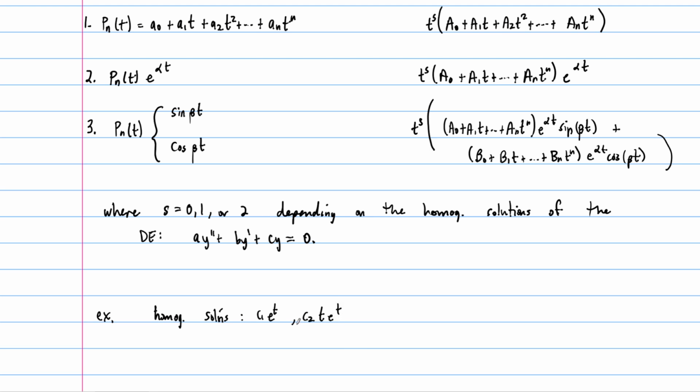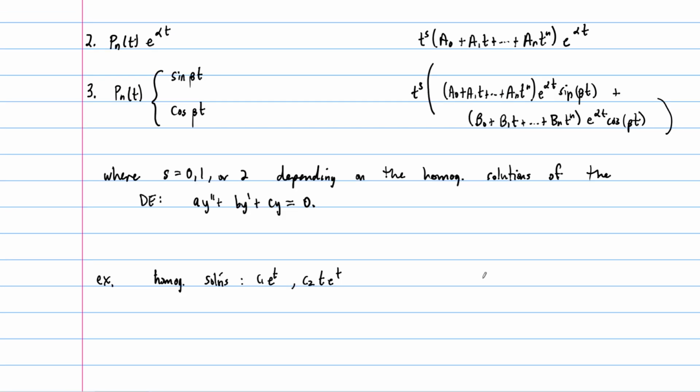Then if your right-hand side, if g of t is equal to e to the t, then you must guess that your capital Y is of the form... e to the t doesn't work, t e to the t doesn't work, because those are homogeneous, so you need to guess t squared e to the t. And there's your undetermined constant a right there. So that's the idea. That's where the s comes in.